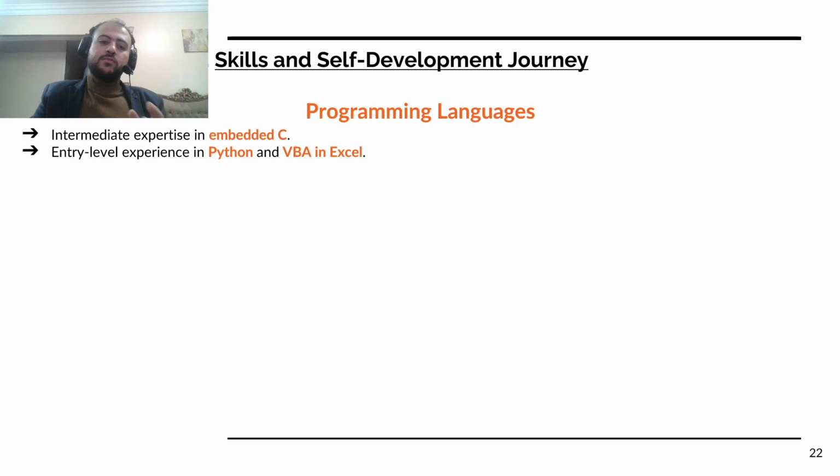Also, I got accustomed to many programming languages. However, they somehow didn't make it to my master's research, but it was general learning using embedded C, which I took a very long term in. Also Python and Visual Basic for Applications in Excel. I have introductory level knowledge in them. However, I am open to learning and expanding in them also.